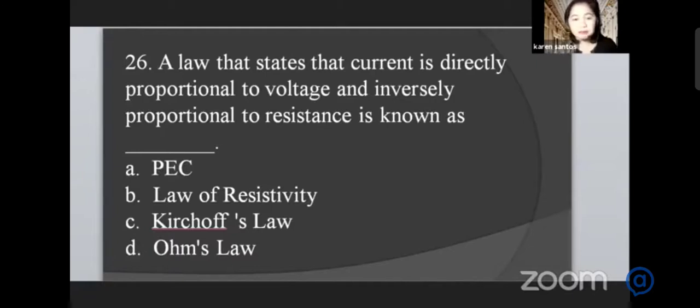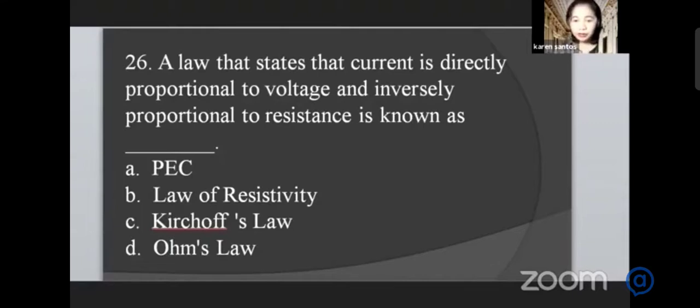It is a law that states the current is directly proportional to voltage and inversely proportional to resistance, and is known as A. PEC, B. Law of resistivity, C. Kirchhoff law, and D. Ohm's law.